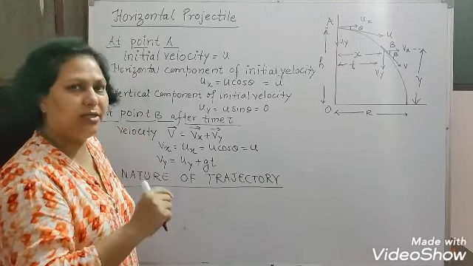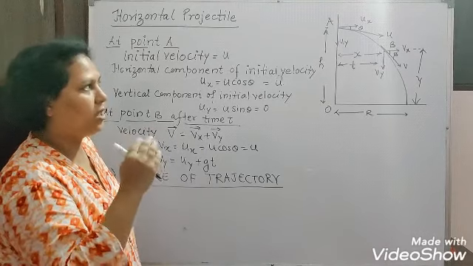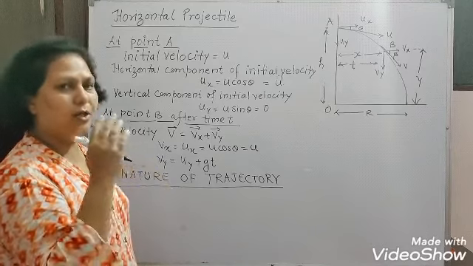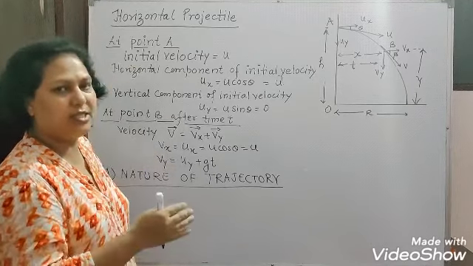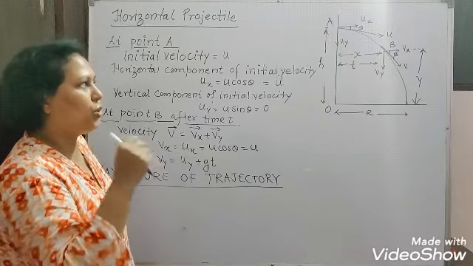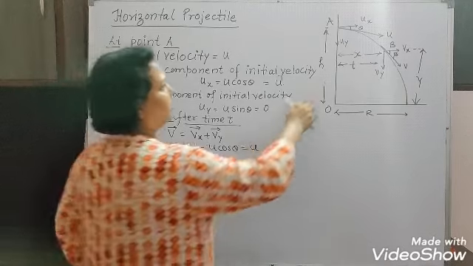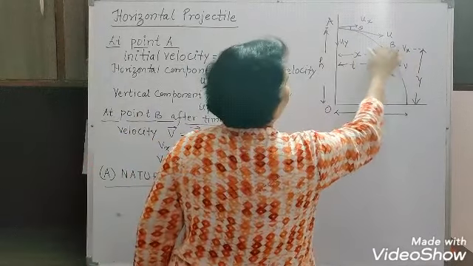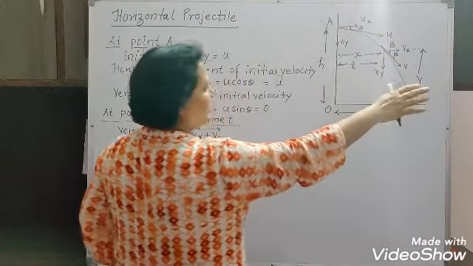One is the horizontal motion, which is simply uniform motion, and the other, the vertical motion, is considered as uniformly accelerated motion. So the horizontal motion is uniform motion. That means ux and vx will both be equal, because there is no acceleration in the horizontal direction.